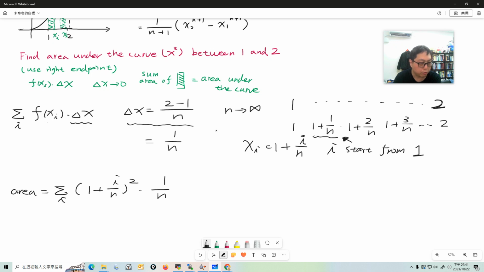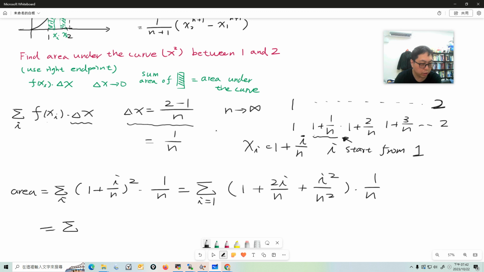We have to be clearer about this: we start from 1, and 1 plus 2i over n plus i squared over n squared, times 1 over n. So we continue with the algebra.